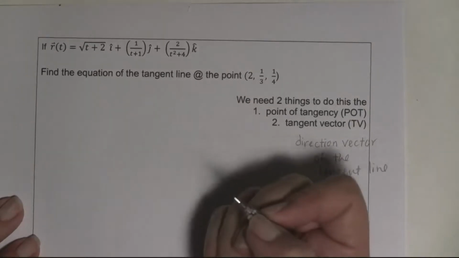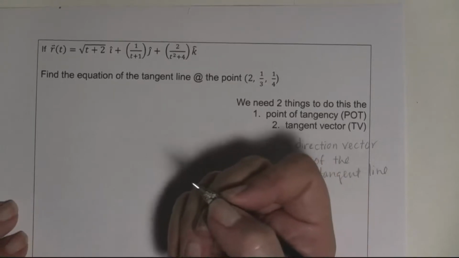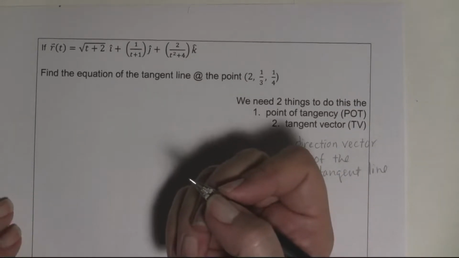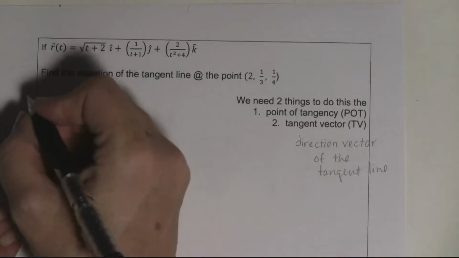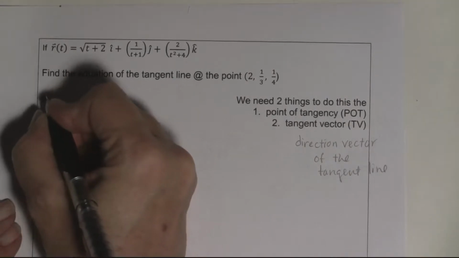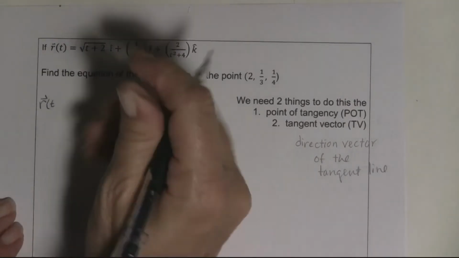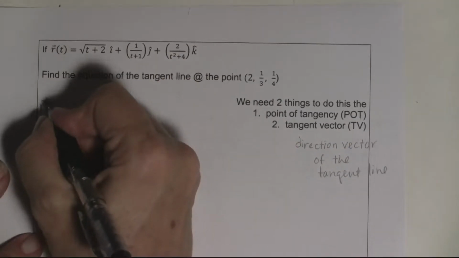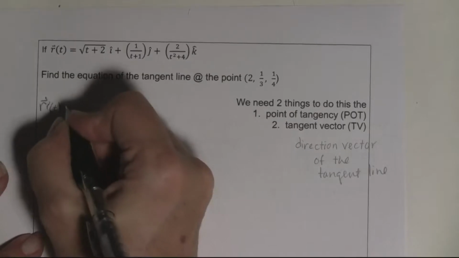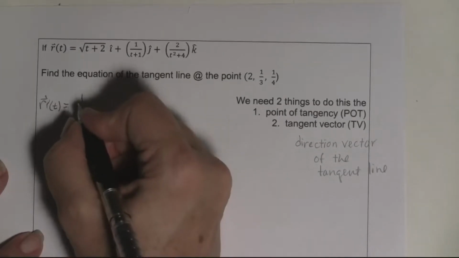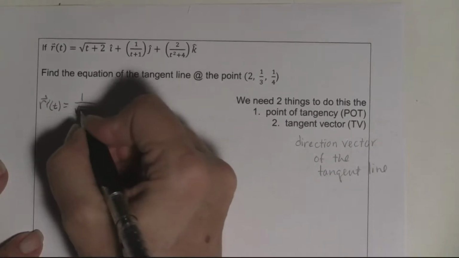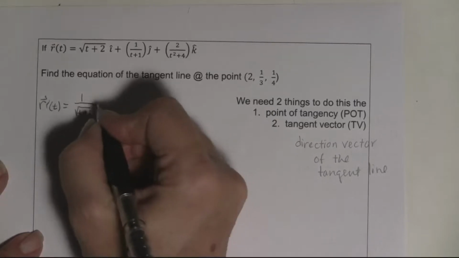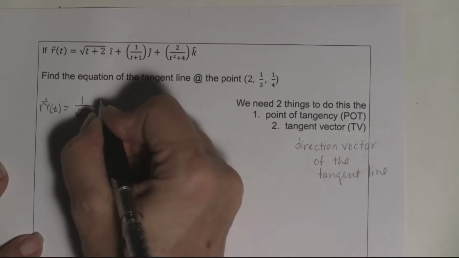Should I put it in vector notation, or should I do ijk like they've done? I don't like ijk as well. Oh, and I forgot to put my signal up that I found the derivative, the prime. Okay, so I'm finding the derivative. So this is 1 over the square root of t plus 2 times 1, so i.